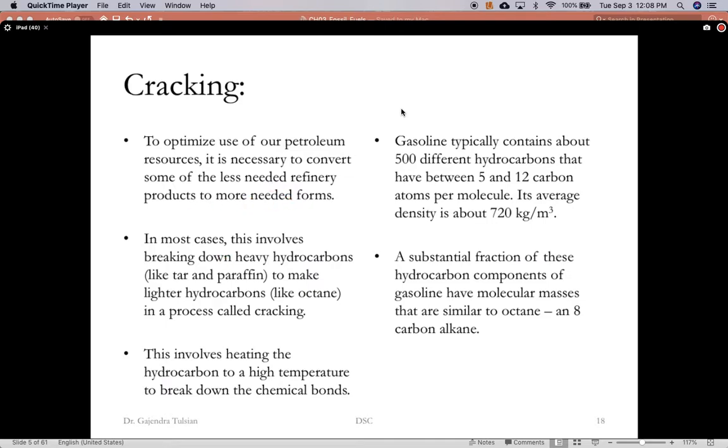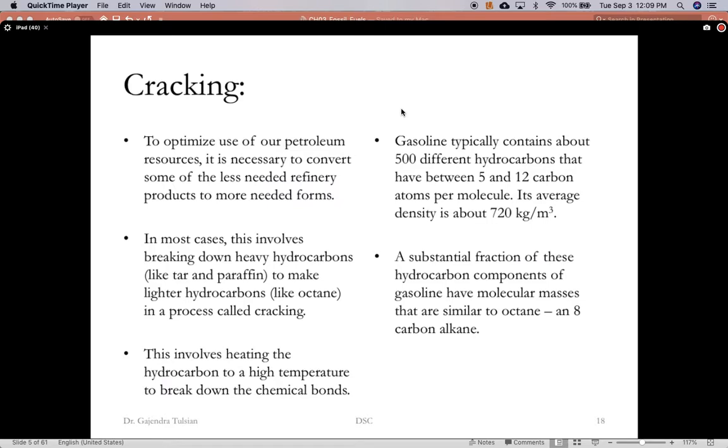Cracking mostly involves breaking down heavy hydrocarbons like tar and paraffin to make lighter hydrocarbons like octane, the main ingredient of gasoline. By cracking, you're breaking down less useful products into more useful products. And cracking just involves heating the hydrocarbon to high temperature to break down the chemical bonds.